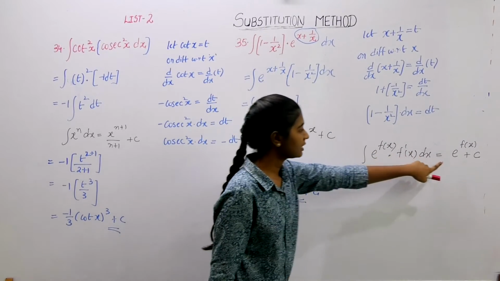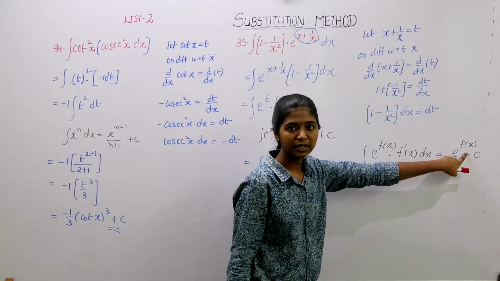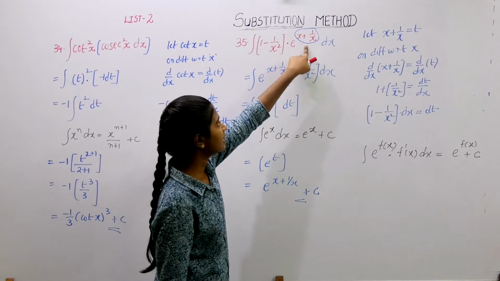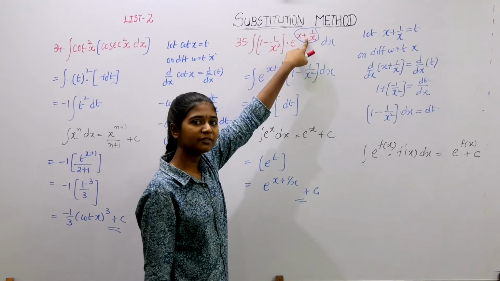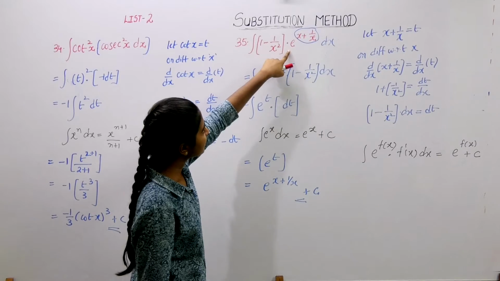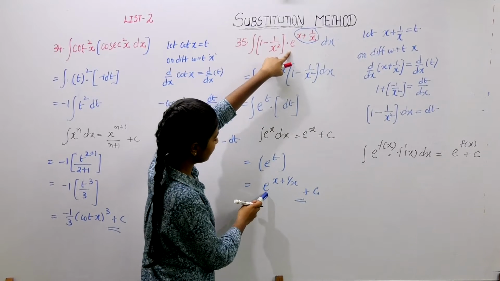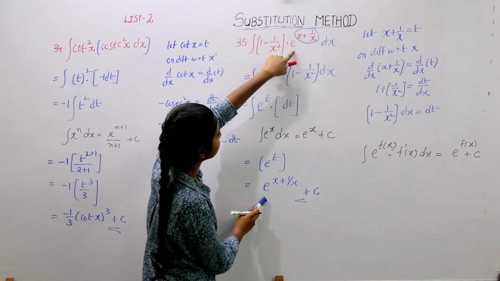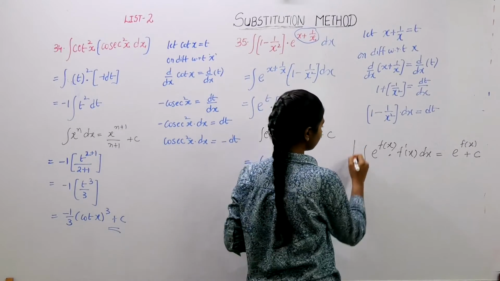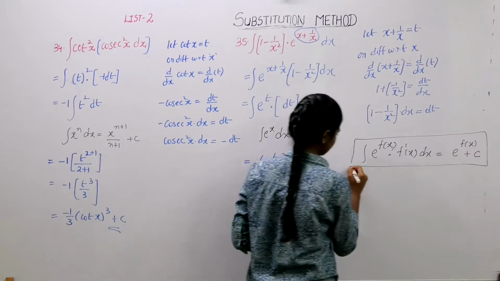We can directly write the formula e power f of x. Let us take this example, e power f of x. Let this be f of x. By differentiating with respect to x, we get 1 minus 1 by x square. Finally we get e power f of x, that is the same, e power x plus 1 by x. We can use these formulas for objective type questions for easy answering.